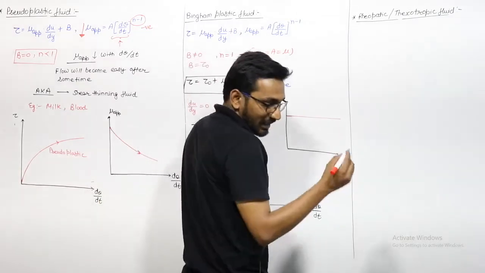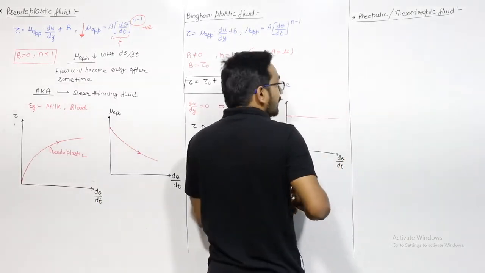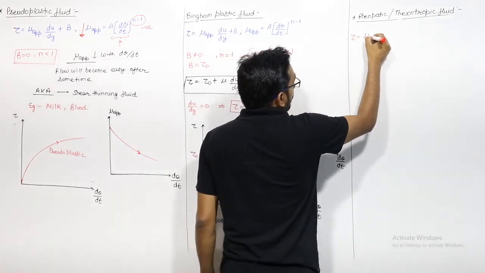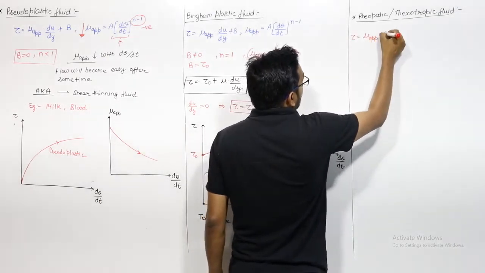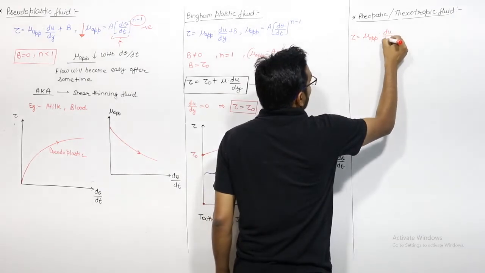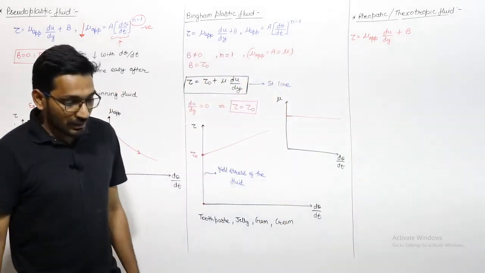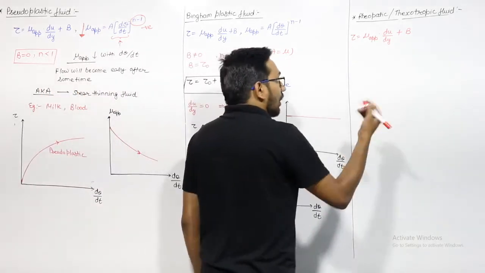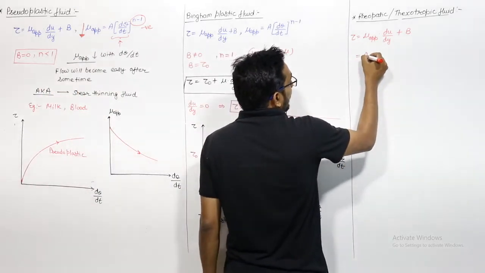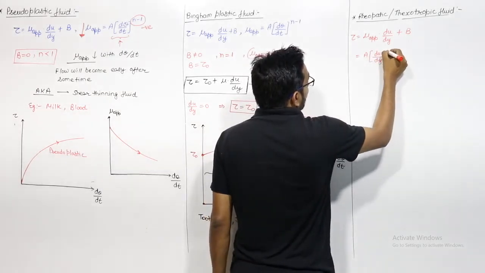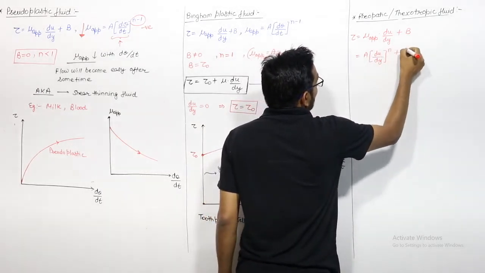So we can write the Ostwald equation, that is tau is equal to mu apparent into du by dy plus b, or you can write it as a into (du by dy) raised to power n plus b.